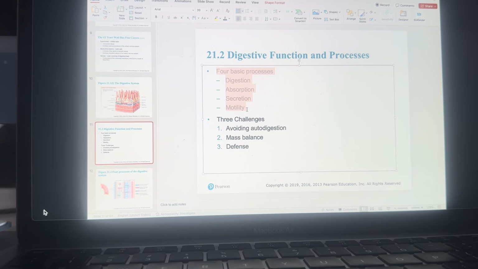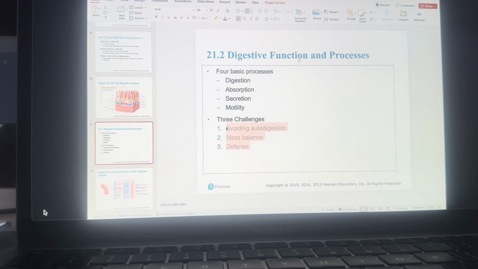So some challenges for your stomach, your intestine, your digestive system to overcome is autodigestion. When you eat food, you have to find a way to avoid eating yourself in the process of eating and digesting food.